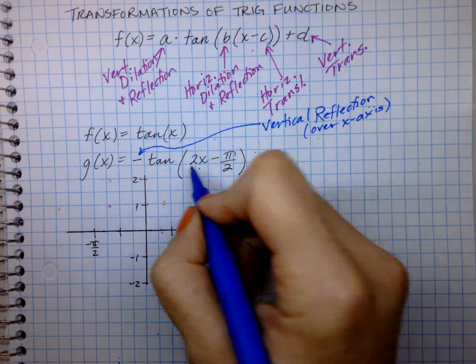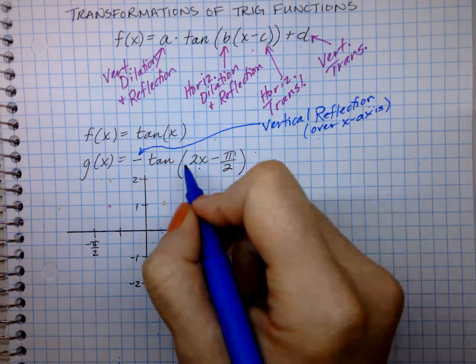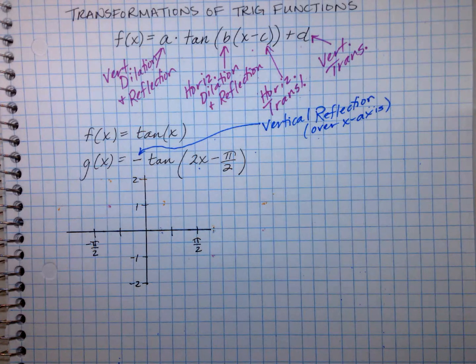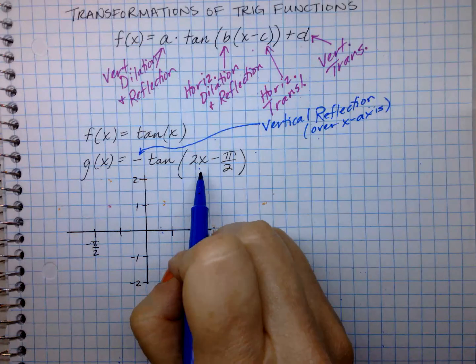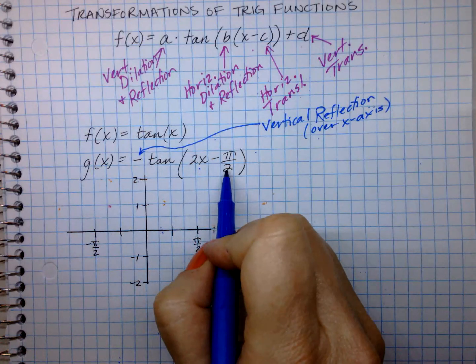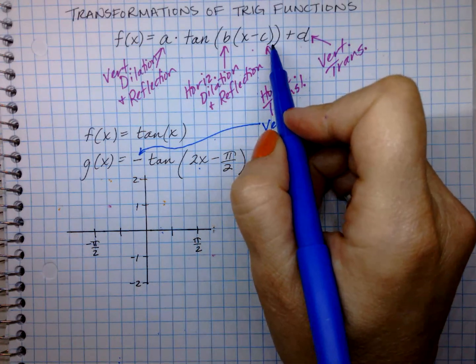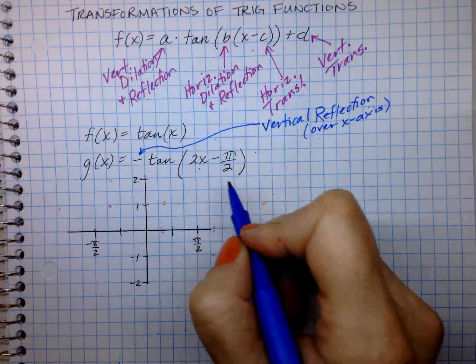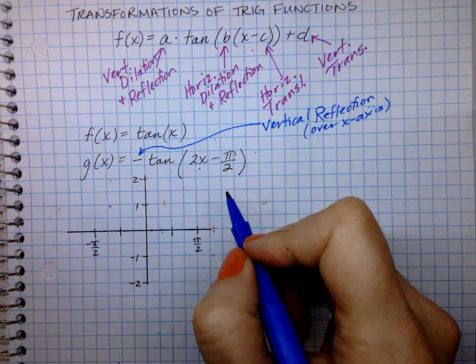Then inside the parent function, I have two things going on. But wait a second, I see that right now I have 2x minus pi over 2, and that looks different than my general form up here. There are no parentheses around the quantity of x minus pi over 2.